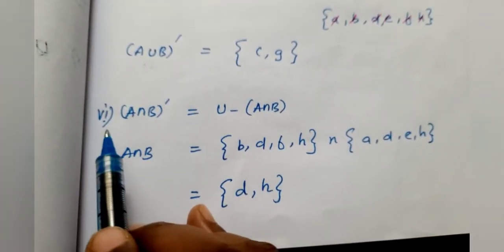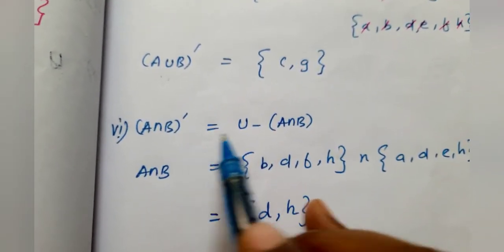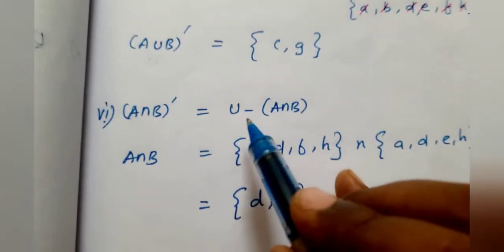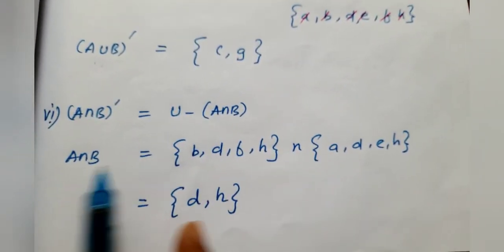Now the sixth subdivision, A intersection B the whole dash, we can write as U minus A intersection B, which means we have to find A intersection B first.